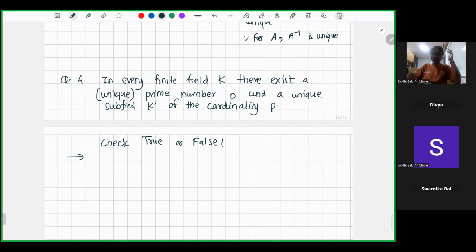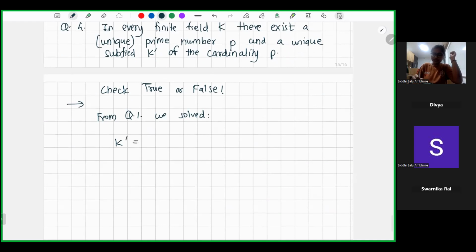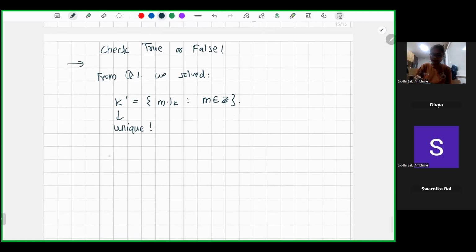So from question 1, which we solved, we know that K dash is equal to the set of M times 1K such that M belongs to Z. This is my unique field, unique the way it is defined. It has exactly P elements.